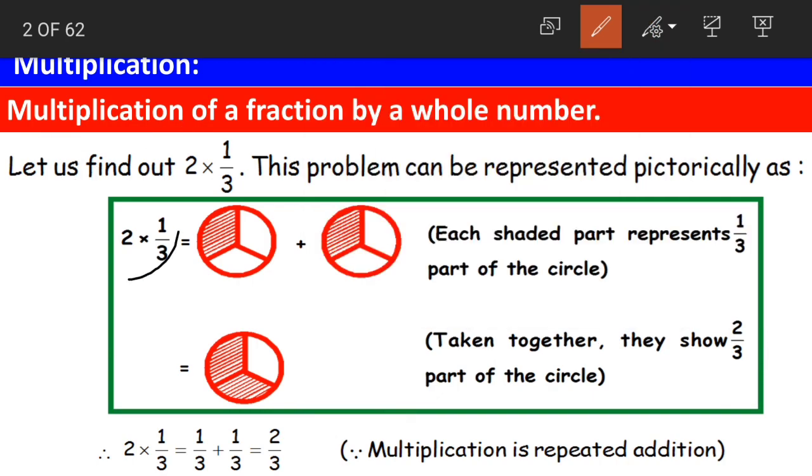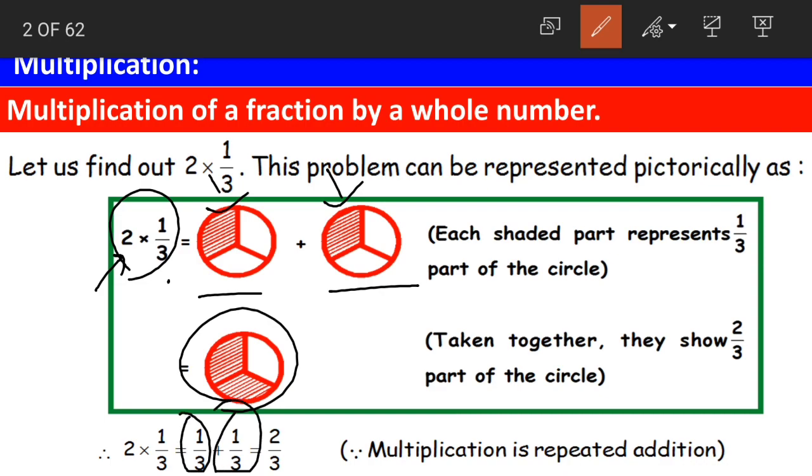That is why 2 into 1 by 3 represents 2 1 by 3 parts. Now when we add 1 by 3 plus 1 by 3, what do we get? We get 2 by 3. We learnt it in the previous class.